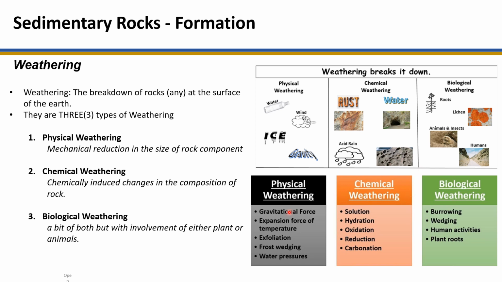And these are the types of weathering: physical weathering, chemical weathering, and biological weathering. This is the picture where you can relate all these types of weathering with natural or organism processes.